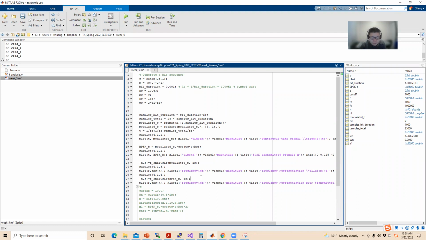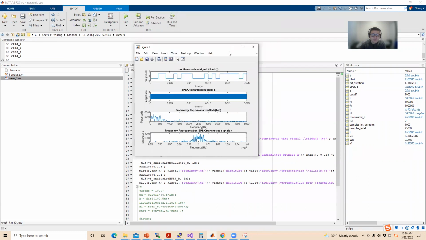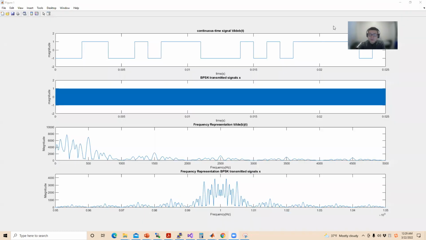What I mean is to analyze the BPSK modulated signal to see what it looks like. So the third figure is the representation of b tilde of t, the baseband signal.